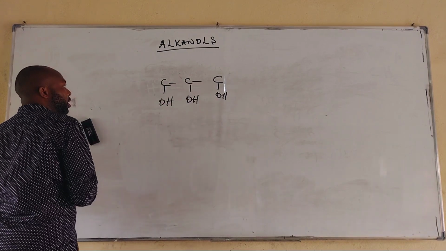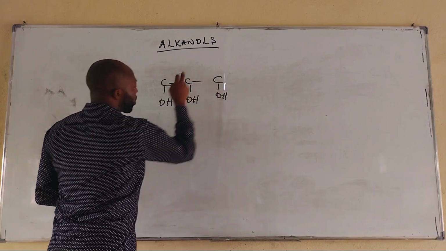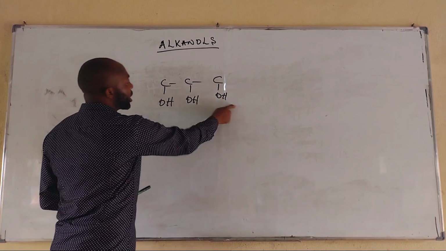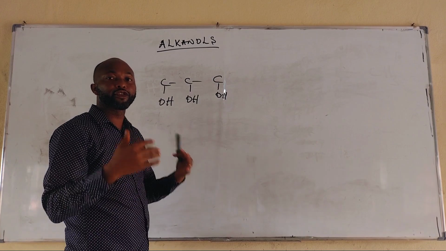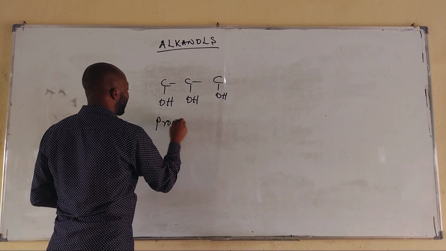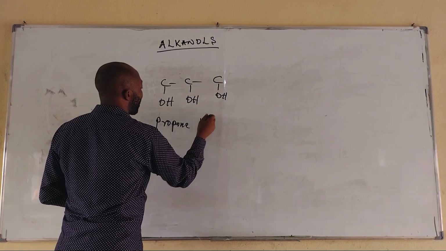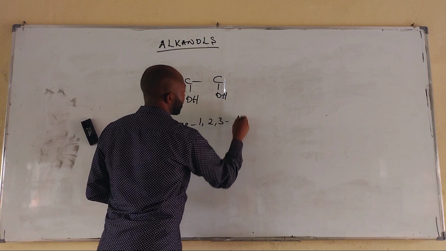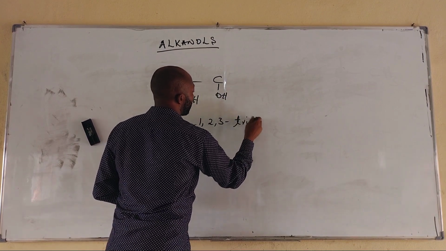This is propane 1, 2, 3 triol because there are 3 hydroxy groups, so it is triol. So I can easily put it as propane 1, 2, 3 triol.